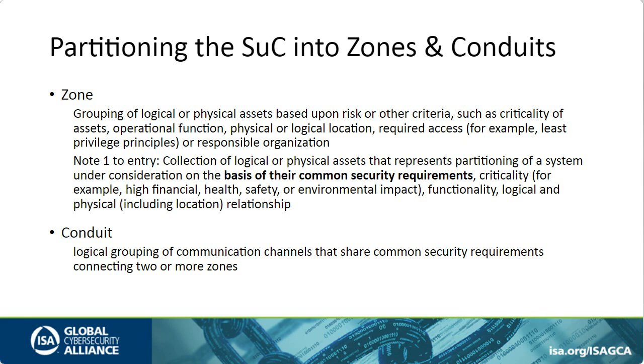Conduits are logical groupings of communication channels that share common security requirements connecting two or more zones. And suffice it to say that conduits should have a security level target that's equal to or greater than the highest security level target of any zone that it's communicating to.